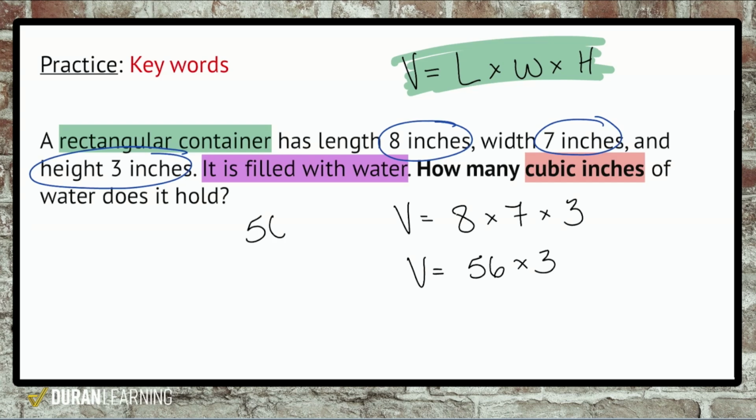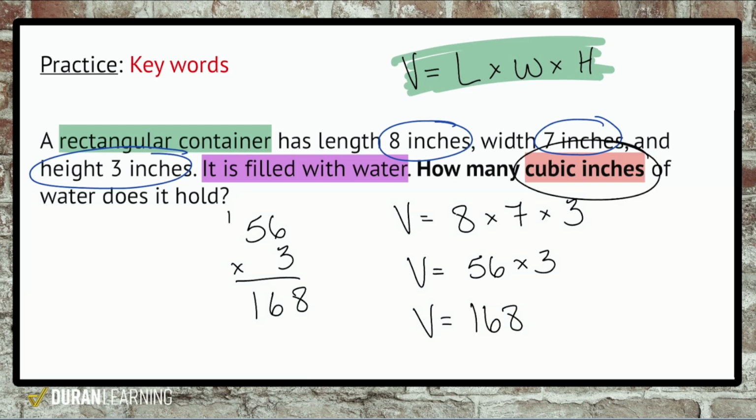So 56 by 3, one step at a time. 6 times 3 is 18, and we'll carry that 1. 5 times 3, that's going to be 15. We'll carry the 1, and that'll be 16. And there we are. Our answer here for the volume is 168 cubic inches. And there we go.